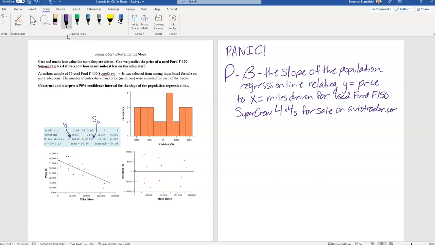Okay, I do have to specify every aspect of the Ford F-150s, and I also have to specify for sale on AutoTrader because that is where this sample came from. So that is the population that I can relate it back to. Okay, so that's my parameter statement. You're defining what beta represents because beta is what we are predicting. Okay, so now I can go on to A.